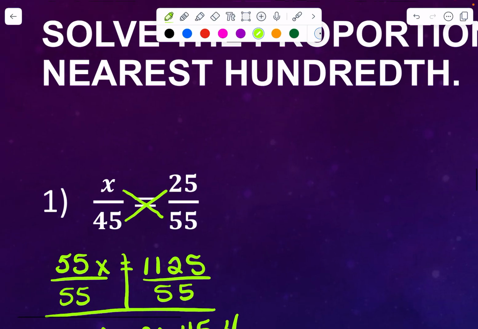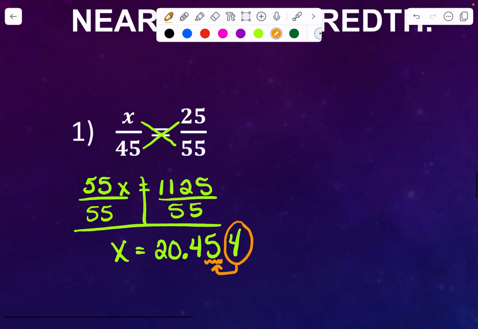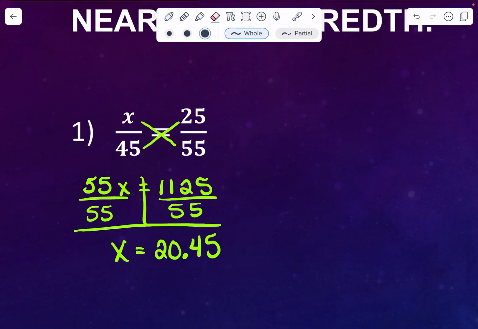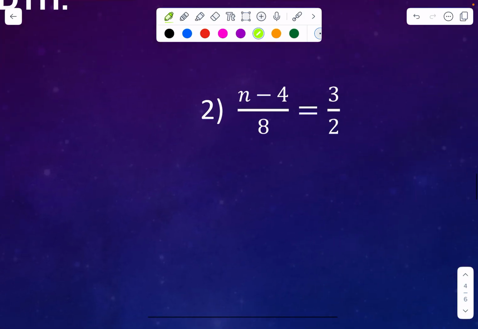But remember, we want to round to the nearest hundredths. The nearest hundredths is this number. So we look at the next number and ask, will that make it round up or will it stay the same? In this case, it stays the same. So my answer would be 20.45.